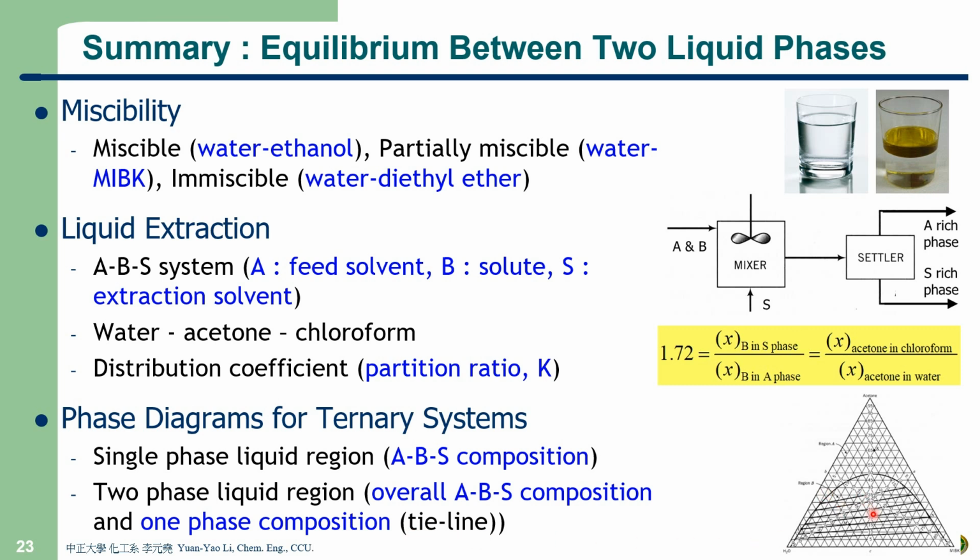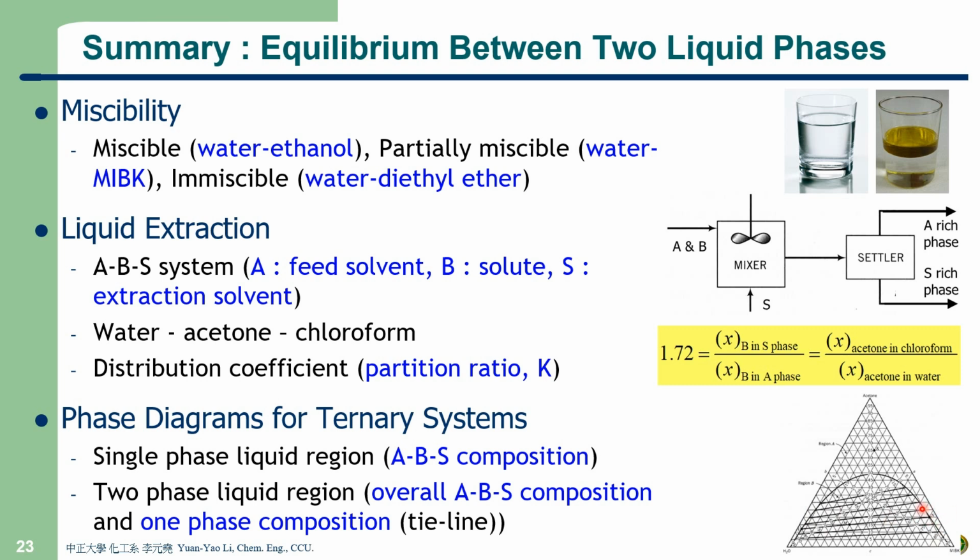So for example, if I have a point here, and I know the overall composition for this two-phase mixture, then not only will I get information about the overall composition, but also by the tie line, we will know the water-rich phase composition for A, B, and S. The tie line goes to this part, and this is MIBK.